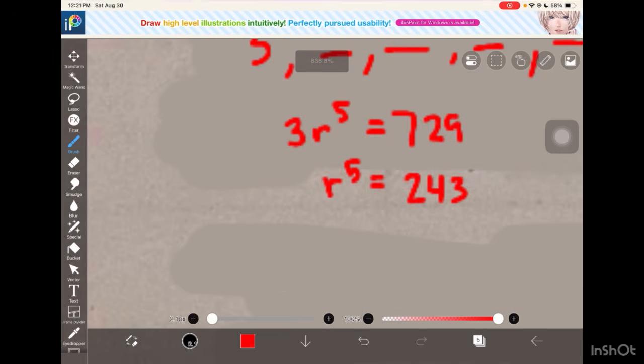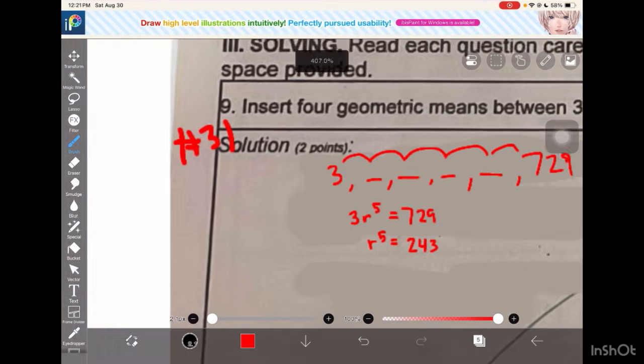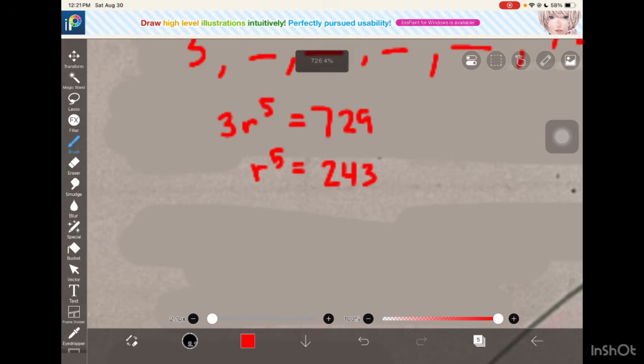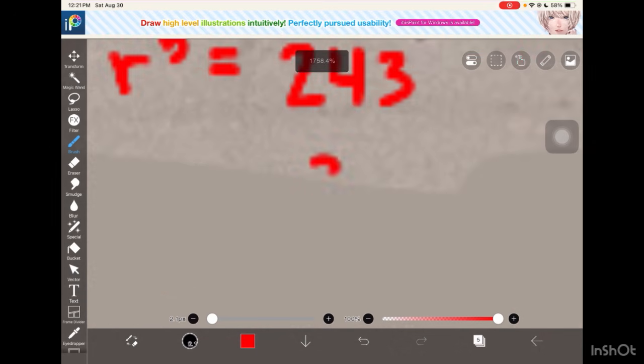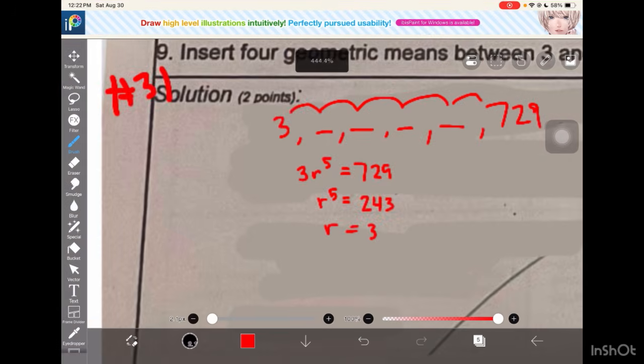If you don't have the solve button, it's okay. We can't find this manually, but we can take the fifth root of 243. Every calculator has the fifth root. The fifth root of 243 is 3, so our r is equal to 3.